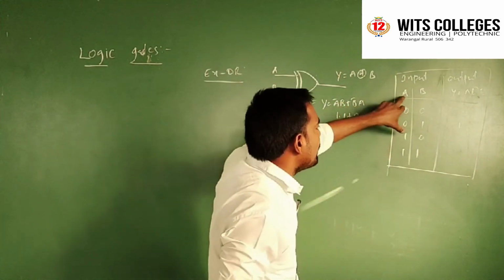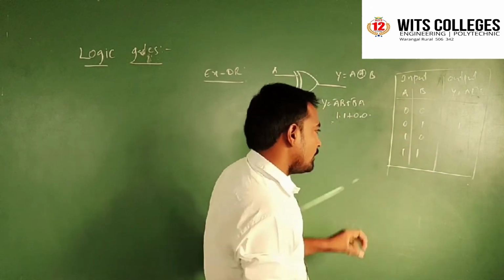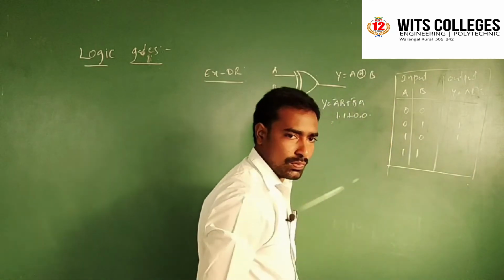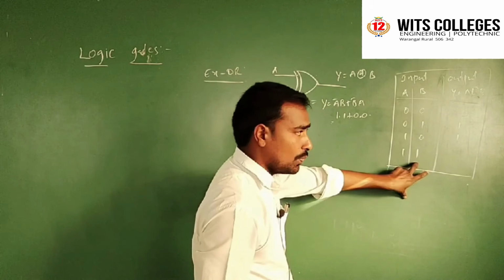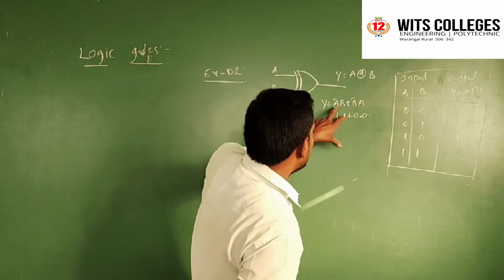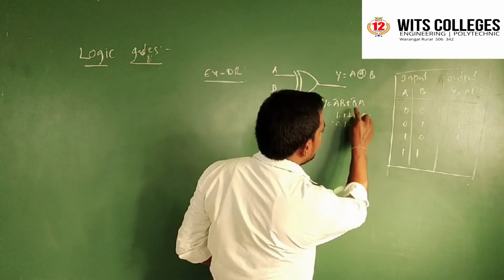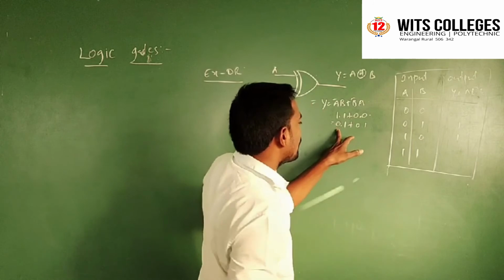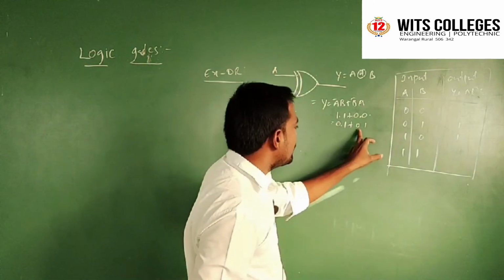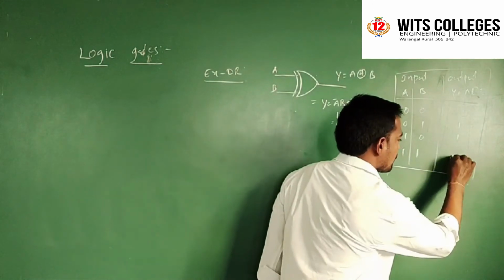Similarly, when we take A equal to 1 and B equal to 1, A bar is 1 complement, 0, cross 1, plus 0 cross 1. So 0 cross 1 is equal to 0, that means 0 plus 0 is equal to 0.